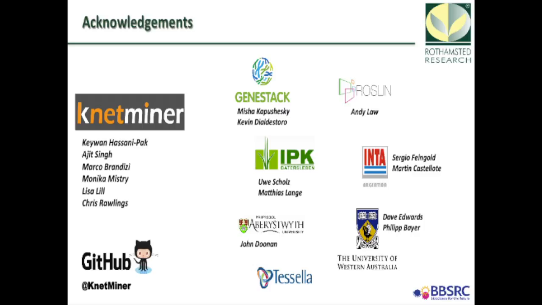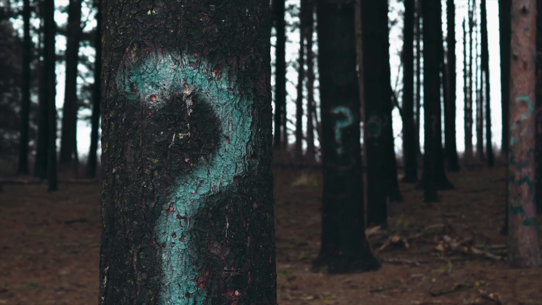Marco Brandisi is working on that project. Chris Rawlings is here as well. He's head of our department and was behind the Ondex project. All these collaborators contributed to the project. Thank you to everybody, and thank you for listening.